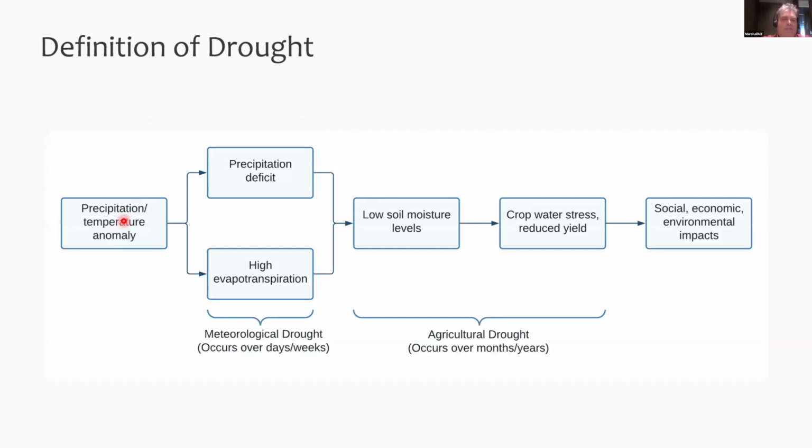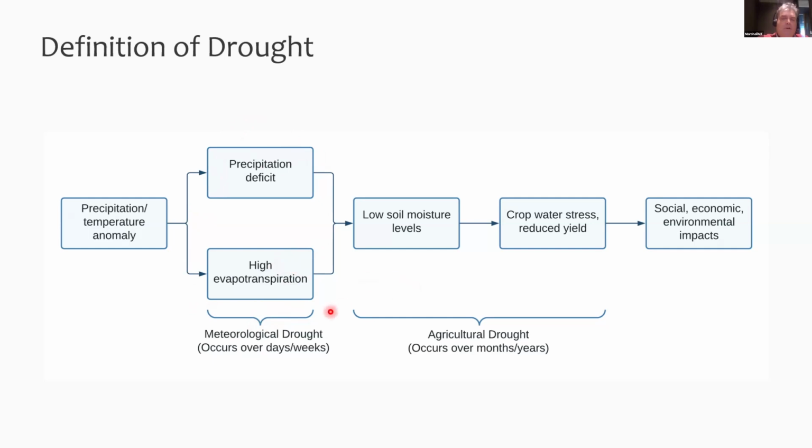And this has an effect on precipitation, the supply side of moisture from the atmosphere, and evapotranspiration, which is the demand side to the atmosphere. And this can occur over a few days or weeks. And this is what we typically call a meteorological drought. And you can see here evapotranspiration has a defining role as a key indicator.